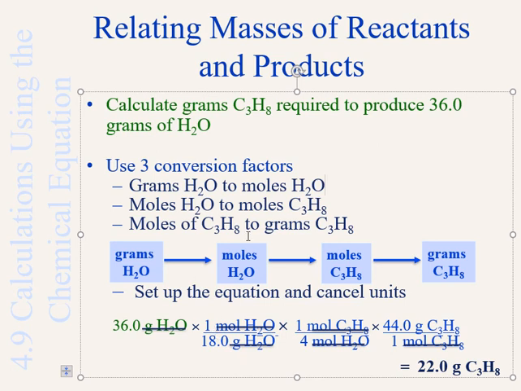The next one, once we get the moles of water in this step, we want to find the moles of propane, and that's what we learned first in this discussion two videos ago, how to find the moles of one reagent from another. So what's the relationship between moles of water and moles of propane? In the balanced equation, you will see that for every 1 mole of propane, we produce 4 moles of water.